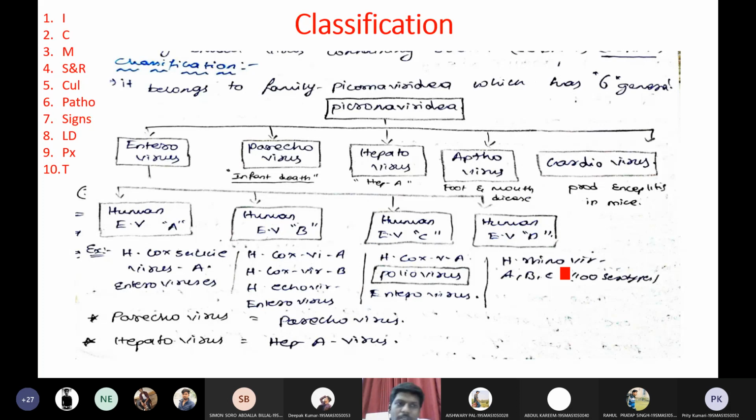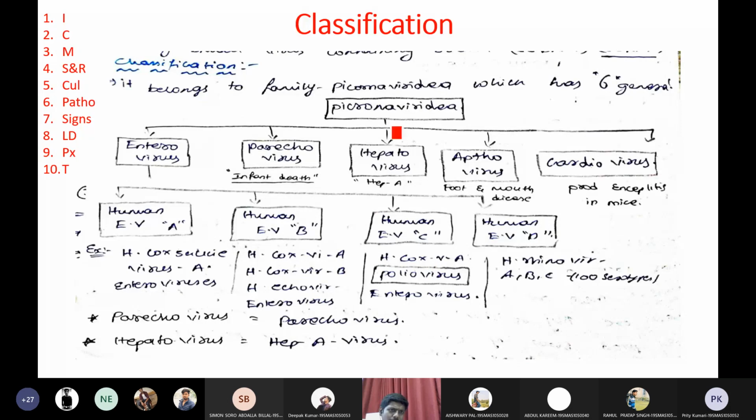So that is why we need to know the viral classification. By seeing the classification itself, we can understand where the virus has been placed, whether it is a liver virus or an enterovirus. If it is an enterovirus, it is an enterovirus C type. So poliovirus is enterovirus C. Is this classification clear for everyone?